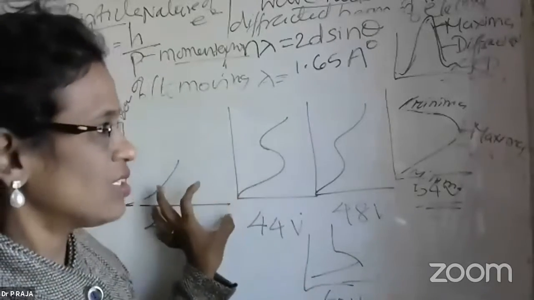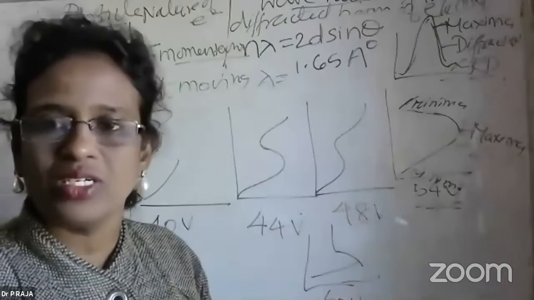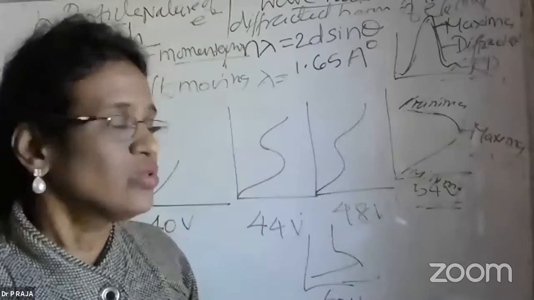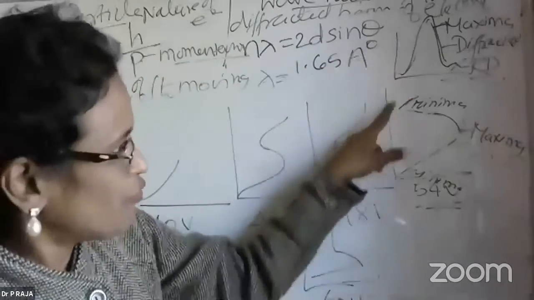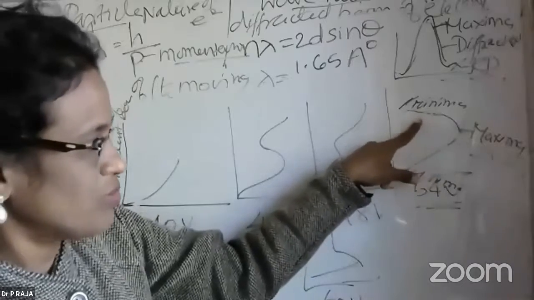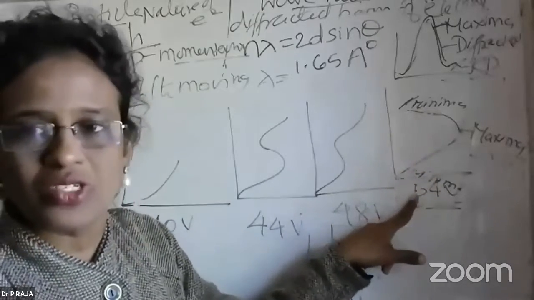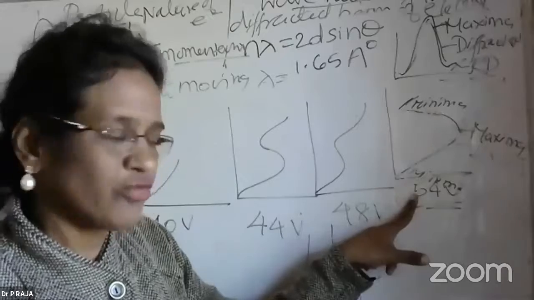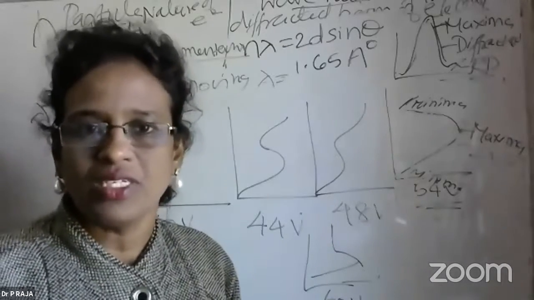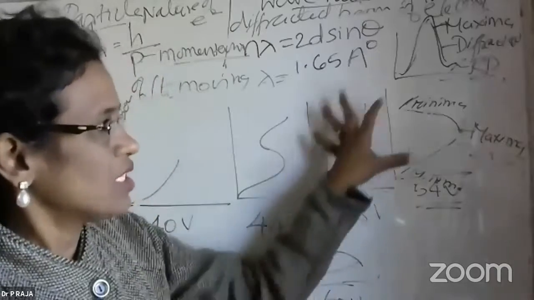And also they proved that when electrons were allowed to hit a nickel crystal with a particular d-spacing value, they were able to get a wave pattern like this, which is similar to an X-ray diffraction beam, at the proper potential difference value of 54 V and with an angle theta of 50 degrees.